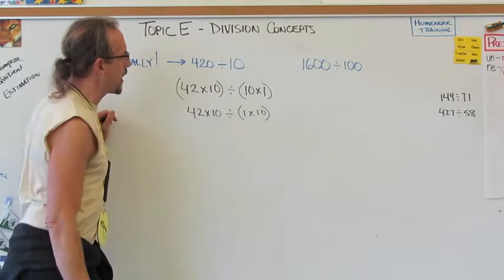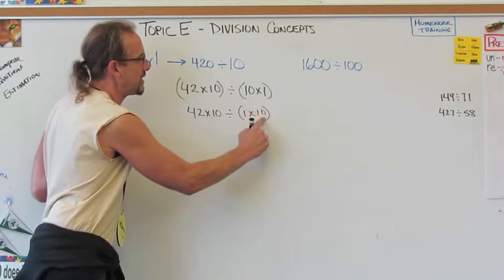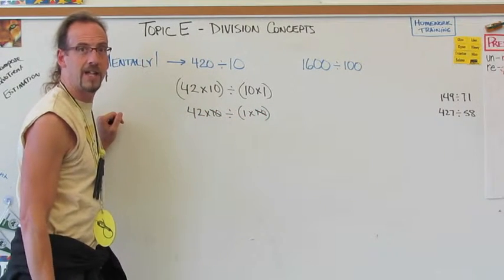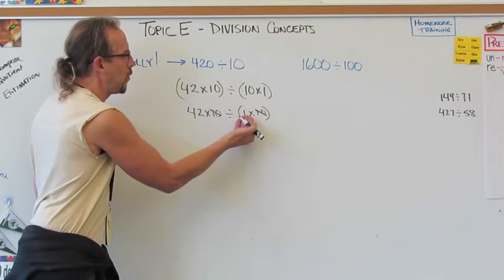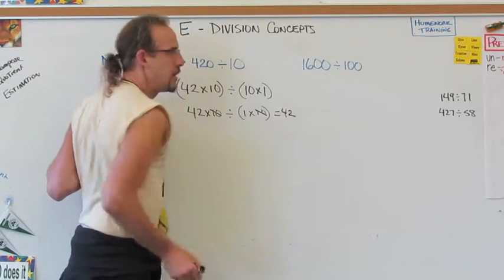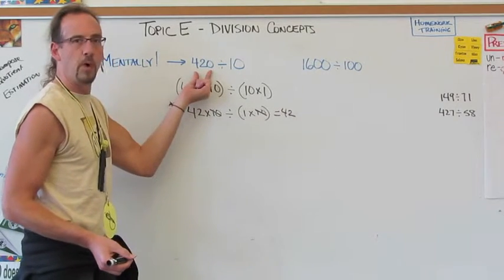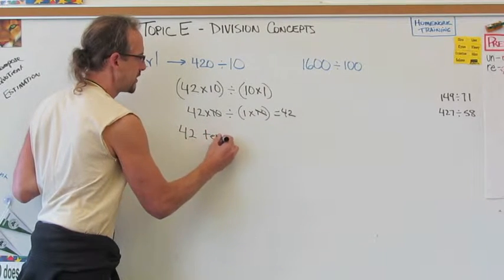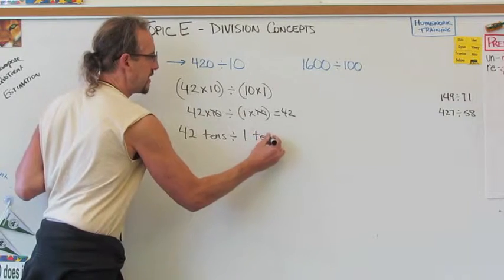And think about it that way, because now what we're thinking about is 10 divided by 10, and those cancel each other out, because 10 divided by 10 is 1, leaving us with 42 divided by 1, which is 42, of course. Another way that we're going to help them think about this is to talk about it in terms of what it says. This says 42 tens divided by 1 ten.